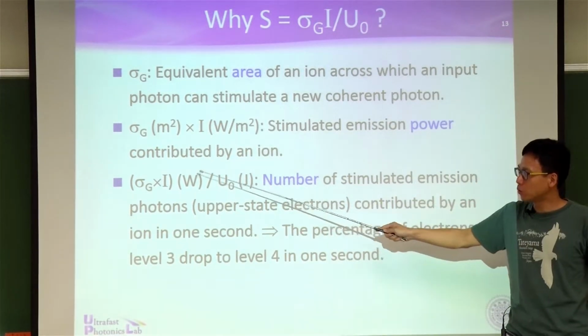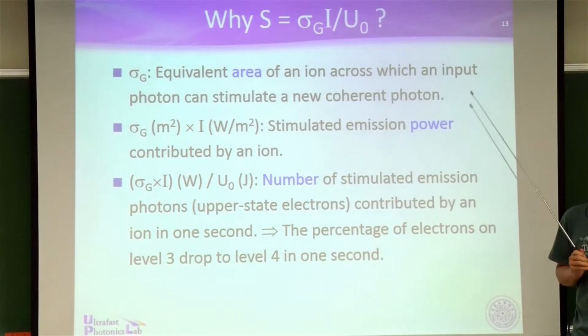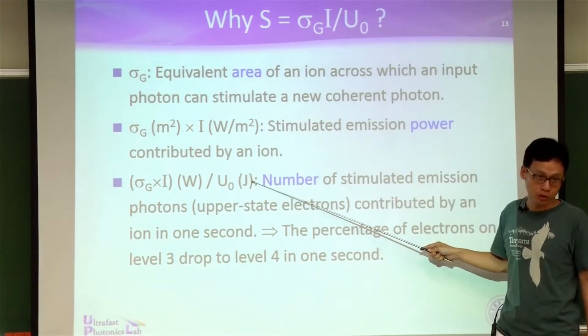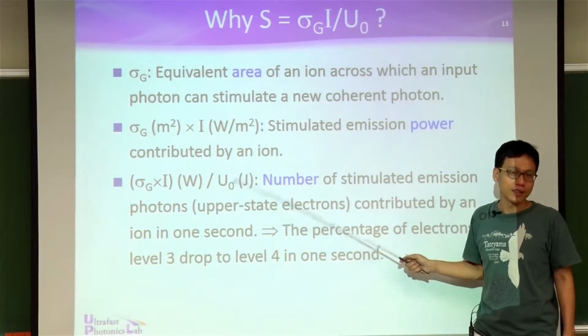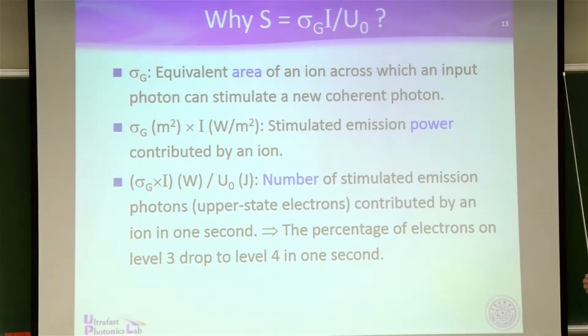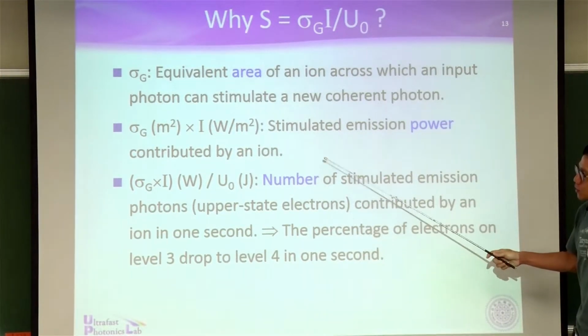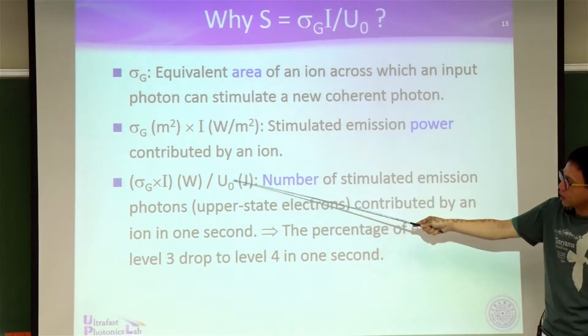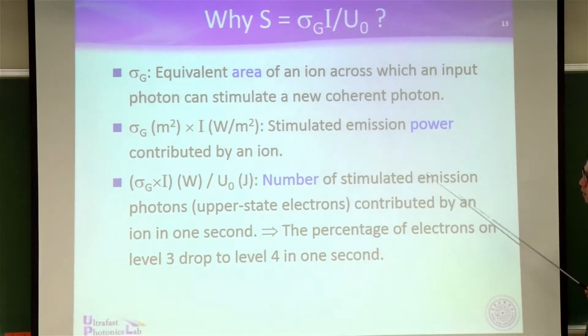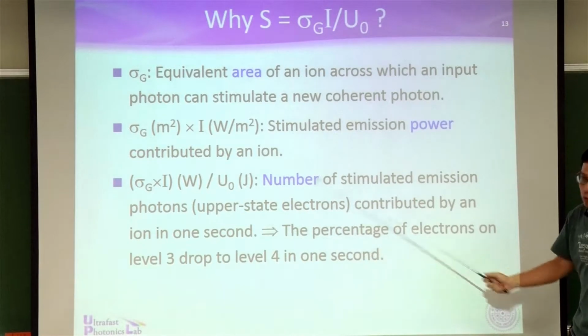The definition of watt is joule per second, the energy per unit time. So joule cancels with joule, and you have 1 over second. 1 over second means rate, 速率，对不对？ So the physical meaning of this calculation is the number of stimulated emission photons contributed by an ion in 1 second.